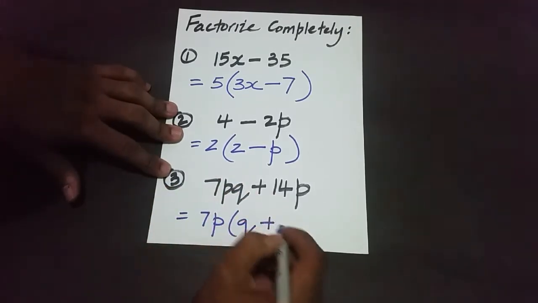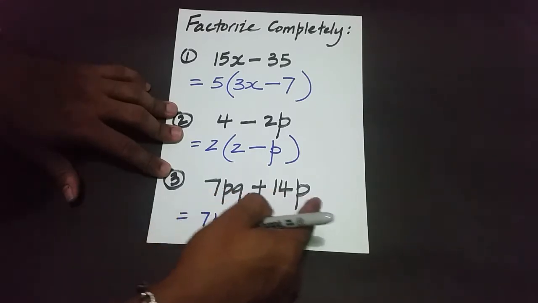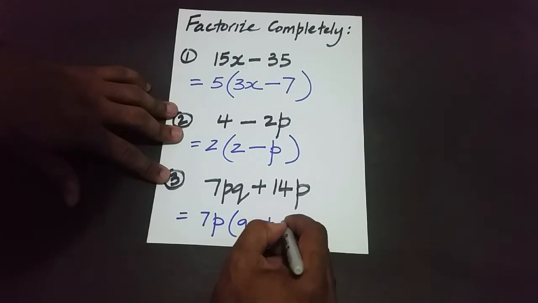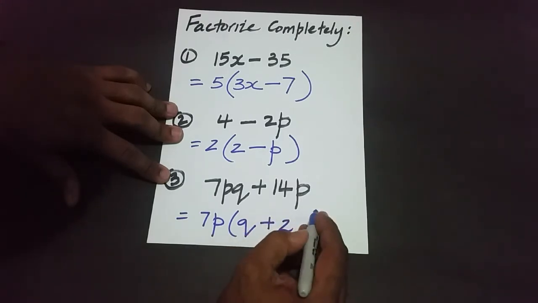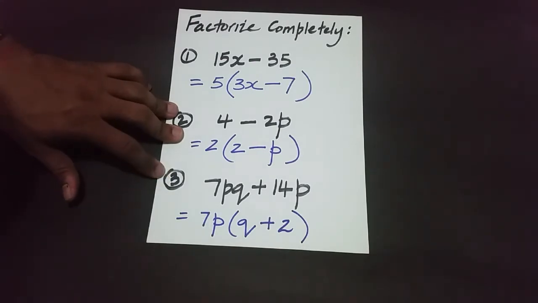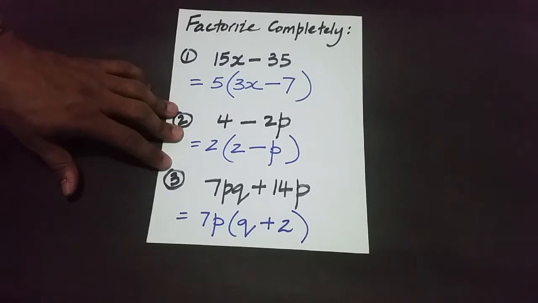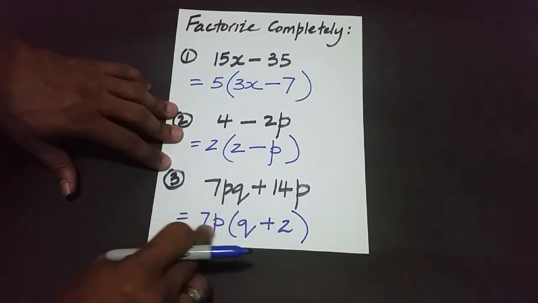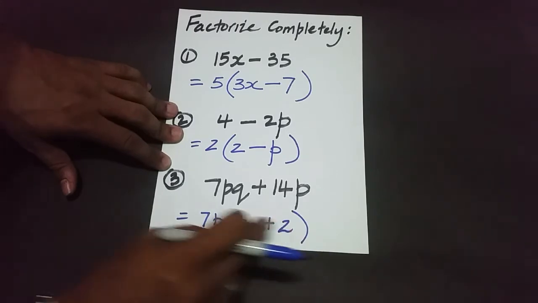And 7p times what is going to give me positive 14p, and that is simply going to be 2. So the answer to question 3 should be 7p open bracket q plus 2 close bracket. Why? Because 7p times q is 7pq, and 7p times 2 is 14p.